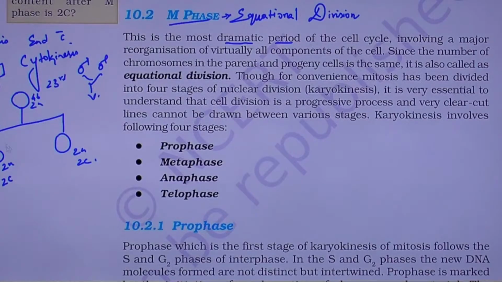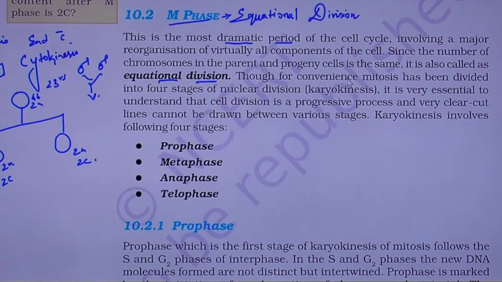So this is an equational division: the parent cell gives rise to progeny of the same chromosome number, so it is called an equational division.